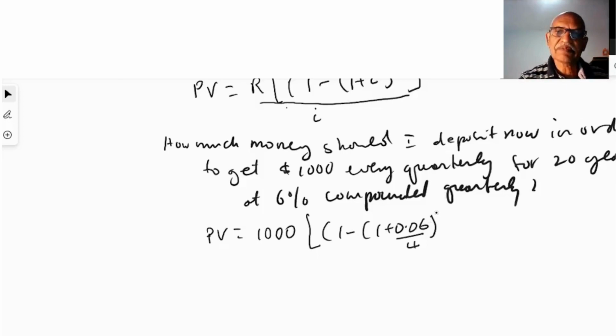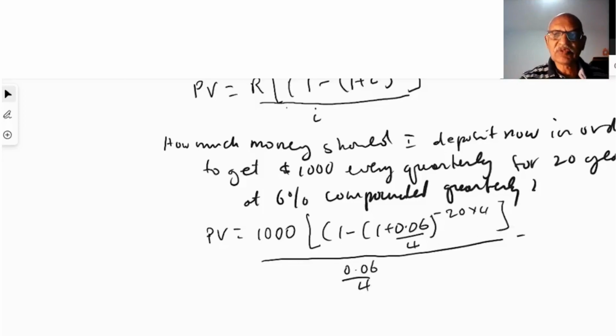Minus n means minus 20 years times 4. Divide by 0.06 divided by 4. So you have to do the calculation very attentively. This will give me 46,407. That means I should invest now $46,407 in order to get $1,000 every quarter.